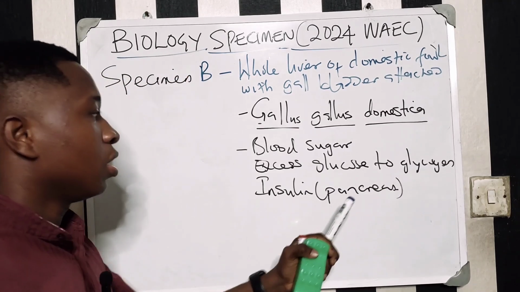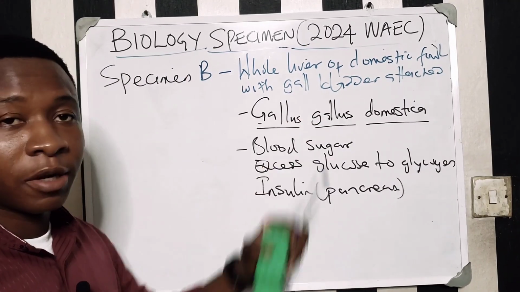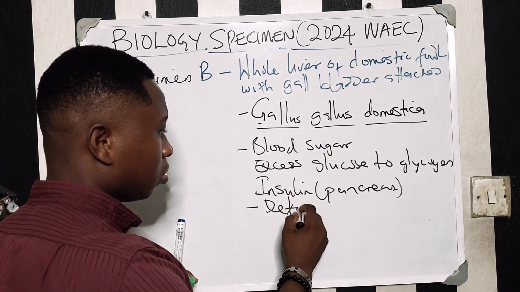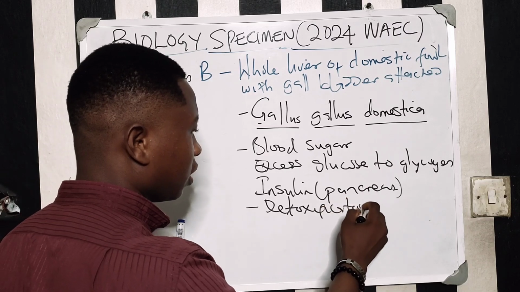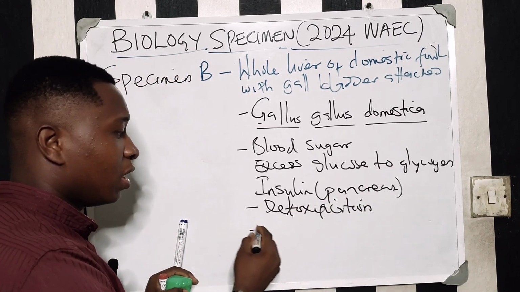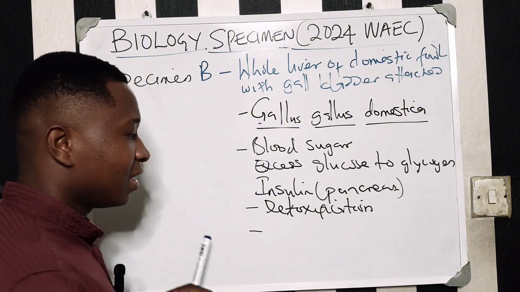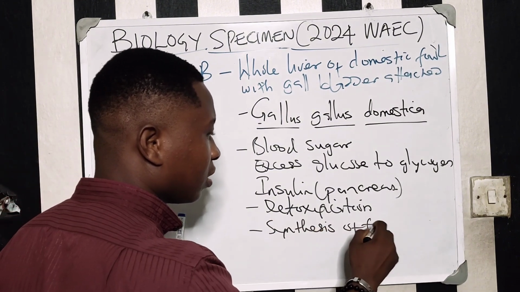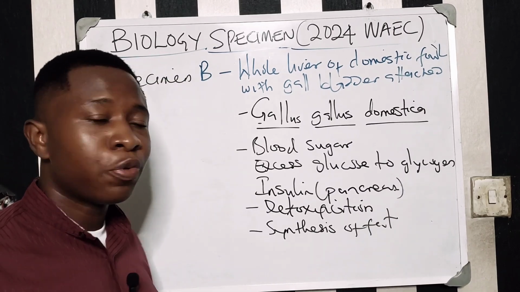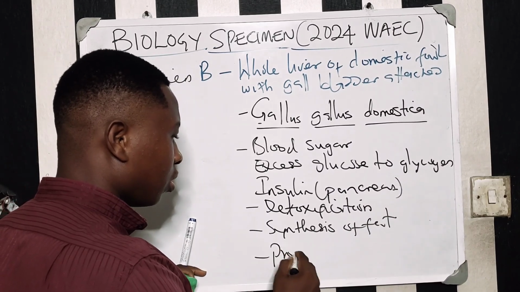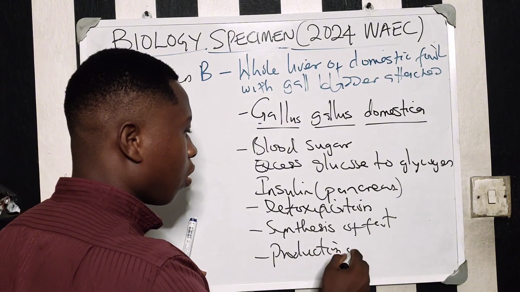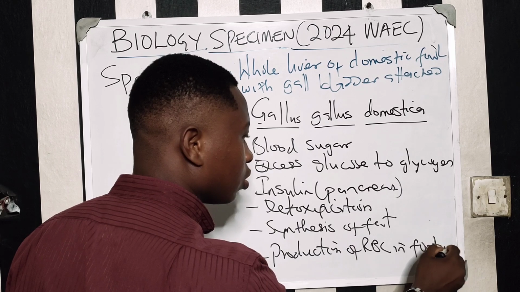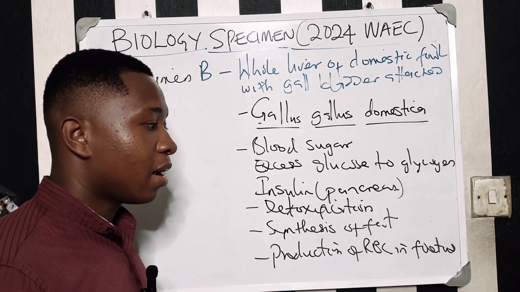So this is the function of the liver. The liver also has other functions, like detoxification. It helps to detoxify. The liver also helps in the synthesis of fat. It also helps in the production of red blood cells in the fetus.